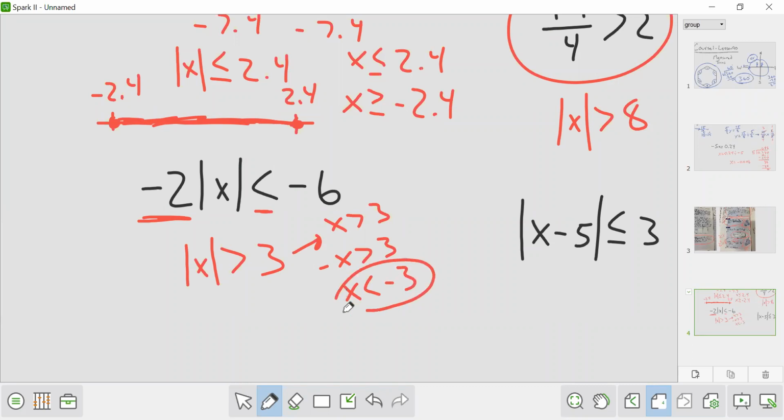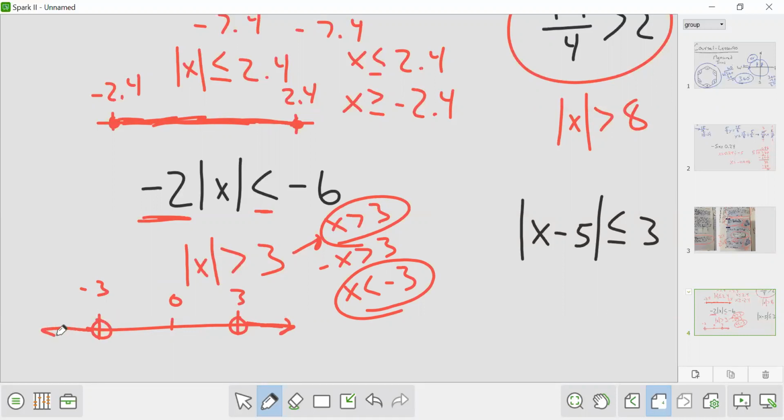And so in order to graph these two things, I'm going to have my number line, and I'll have 3, and I'll have negative 3, and I can put a 0 here if I want. All right? And so if x is bigger than 3, open circle, arrow going this way, and x is less than negative 3, open circle going that way.